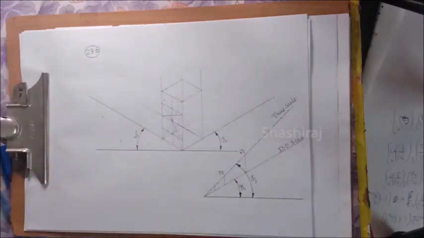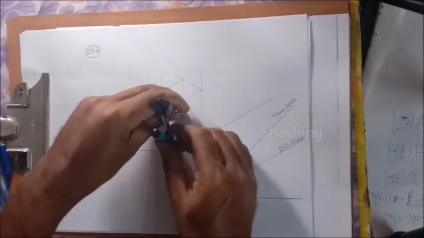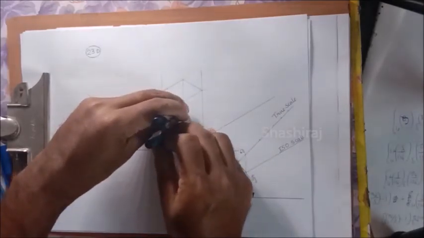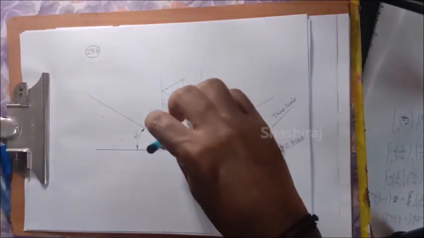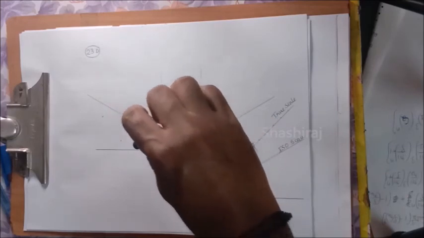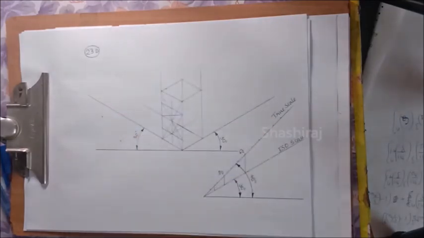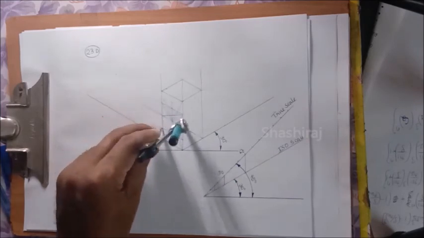So one of the center is this point, and this should be the radius now. See, I am using this as radius, and drawing an arc here. One of the arc I have drawn. Other should be from this corner with the same radius. This is the arc.